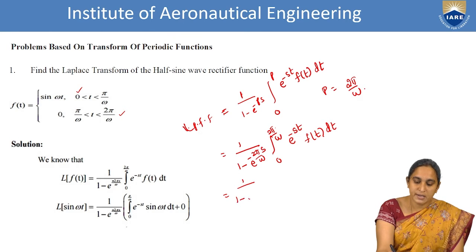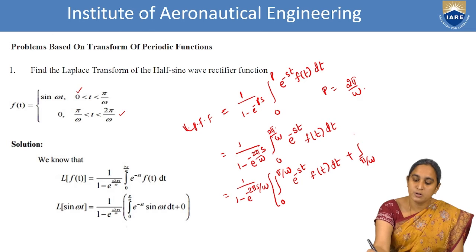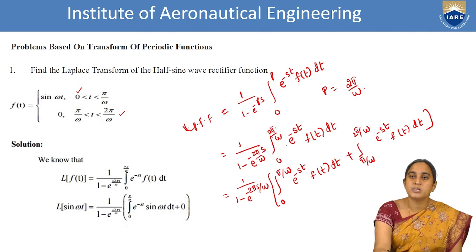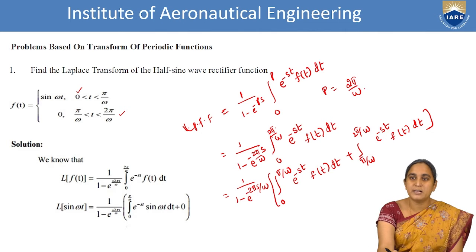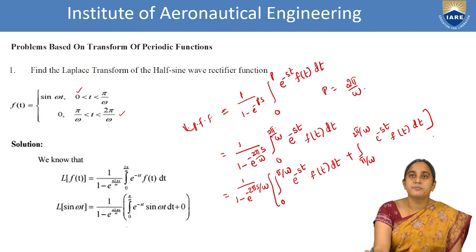That is 1 by 1 minus e^(−2πs/ω) times the integral from 0 to π/ω of e^(−st) f(t) dt plus the integral from π/ω to 2π/ω of e^(−st) f(t) dt.